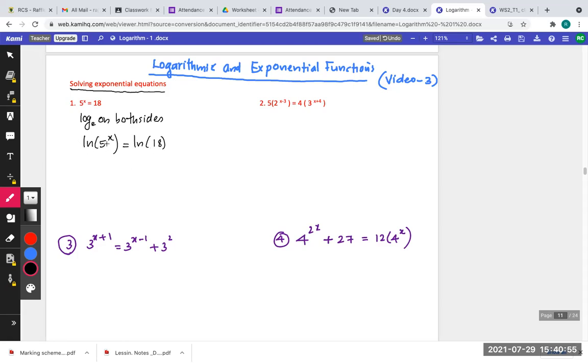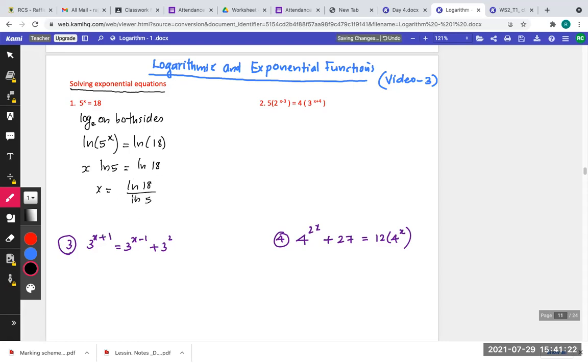Now, x is the one I wanted to find, so I can use the power rule to move x forward. It becomes x ln 5 equals ln 18, meaning x equals ln 18 divided by ln 5.